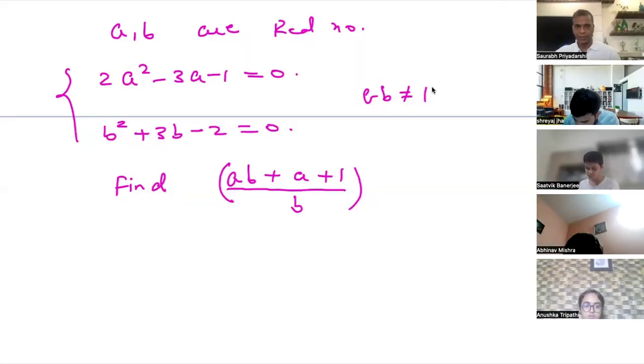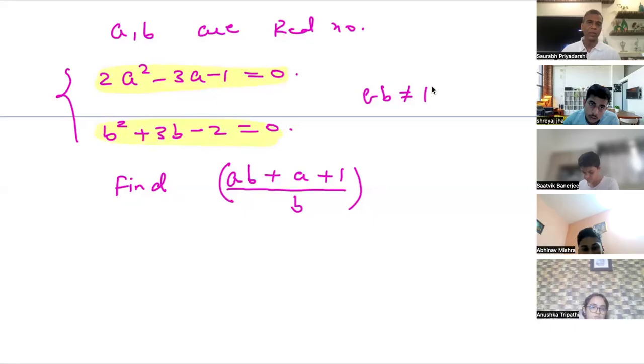Can I start? Should I give some hint? Right? You need some hint? See, in this equation, both the quadratics are not the same.